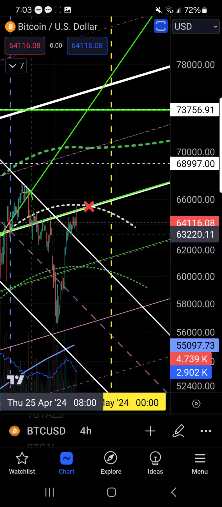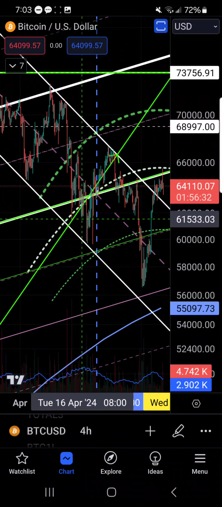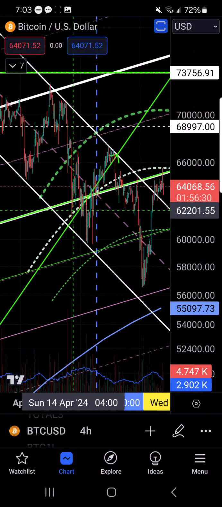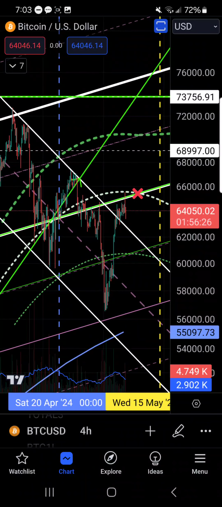And so we've fallen below the channel just recently, since mid-April. So not even a month, coming up on a month here.